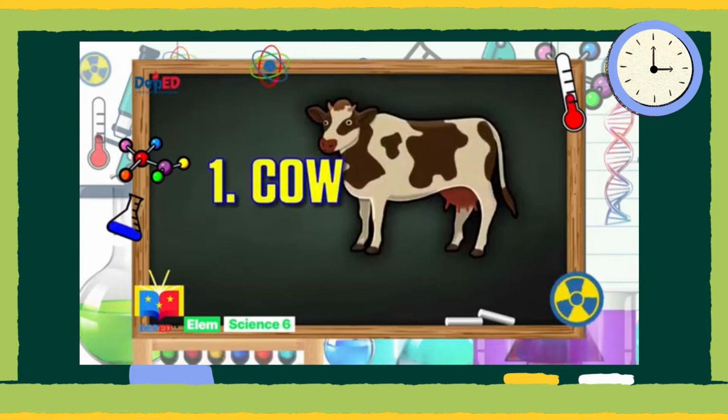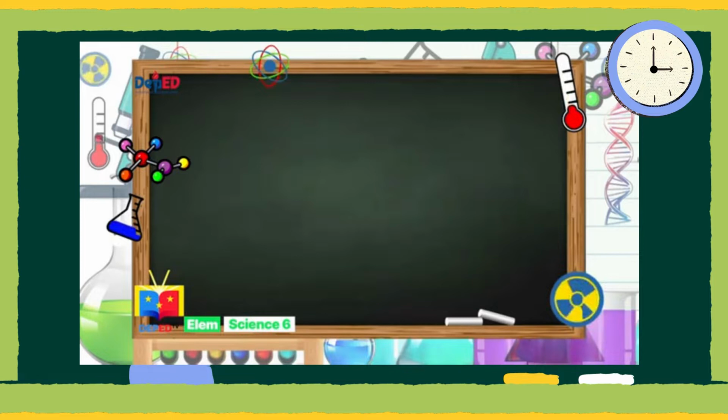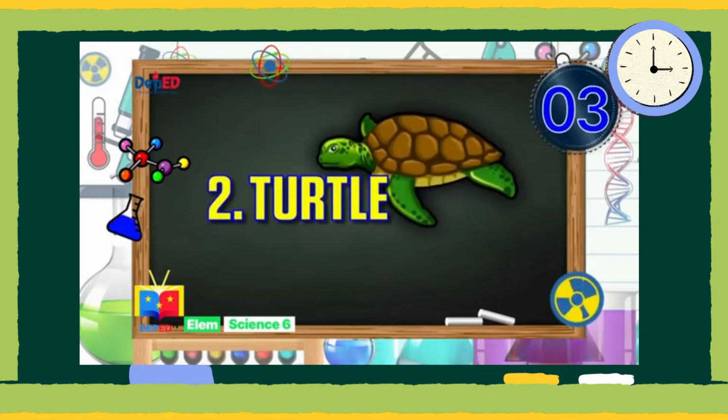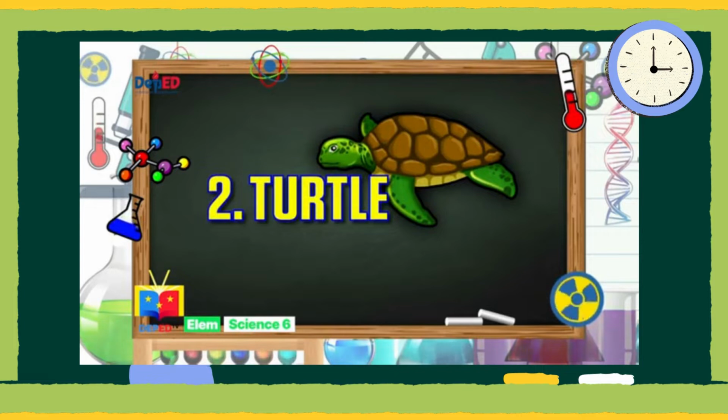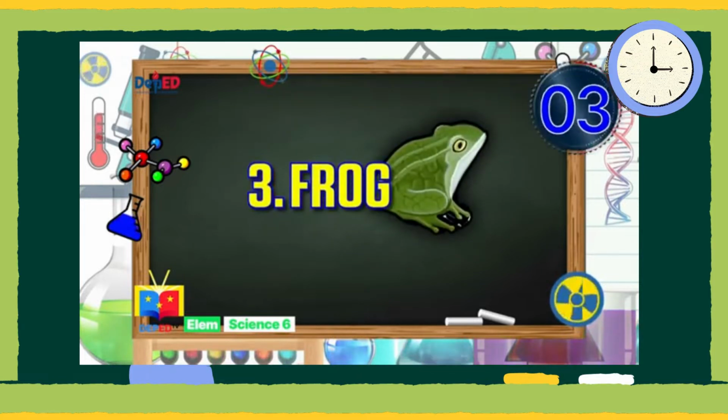Number 1. Cow. Very good. A cow is classified as a mammal. Number 2. Turtle. Very good. A turtle is classified as a reptile. Number 3. Frog.